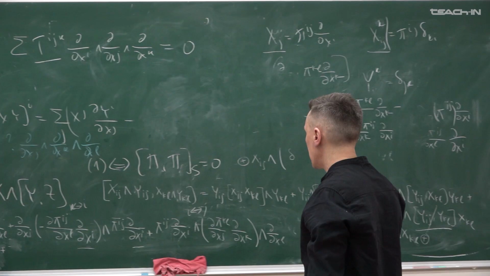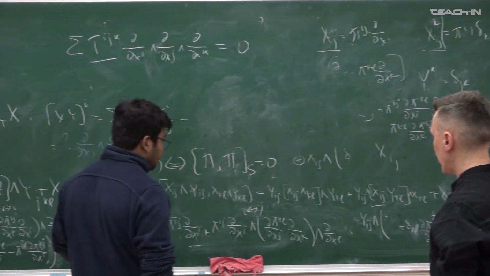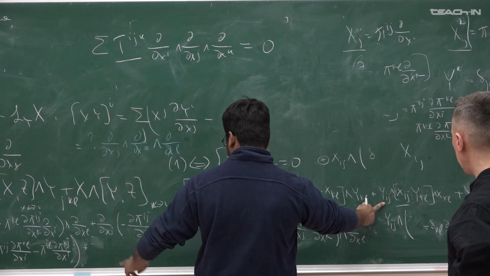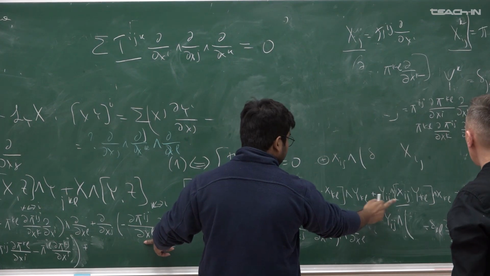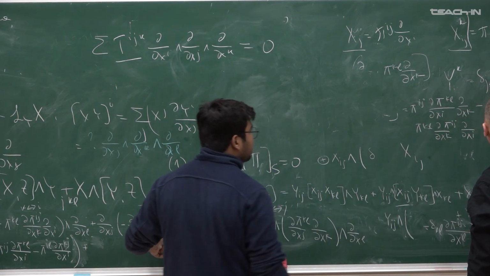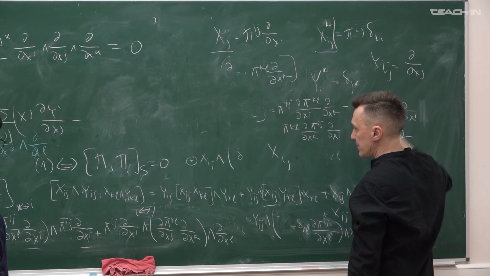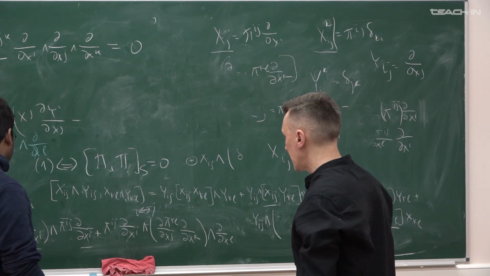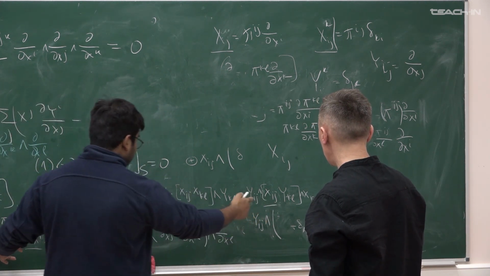There is a mistake. So what is this term? This is the second term, and second term is this one. So this is Y i j, and the inside term is Y j, i j is d over dx j, times this commutator.